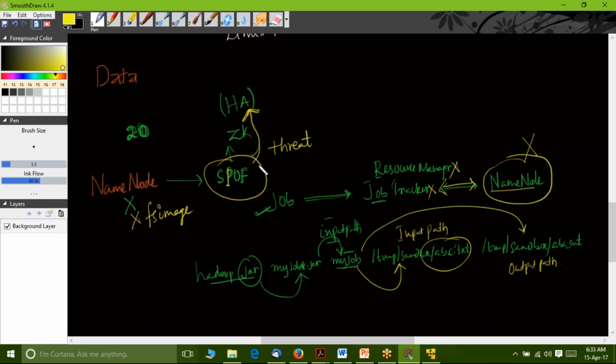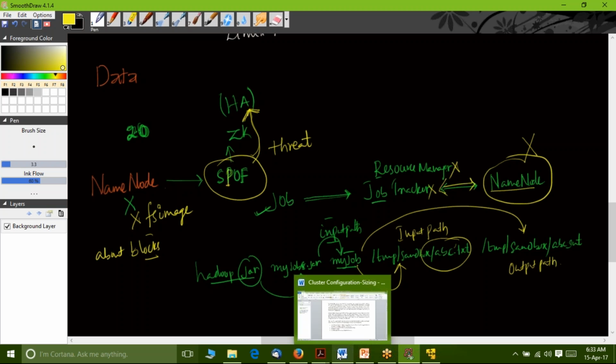The reason why we are discussing all these things is that the name node is maintaining the metadata, the information about blocks stored on the cluster, so we should have a metric for that.